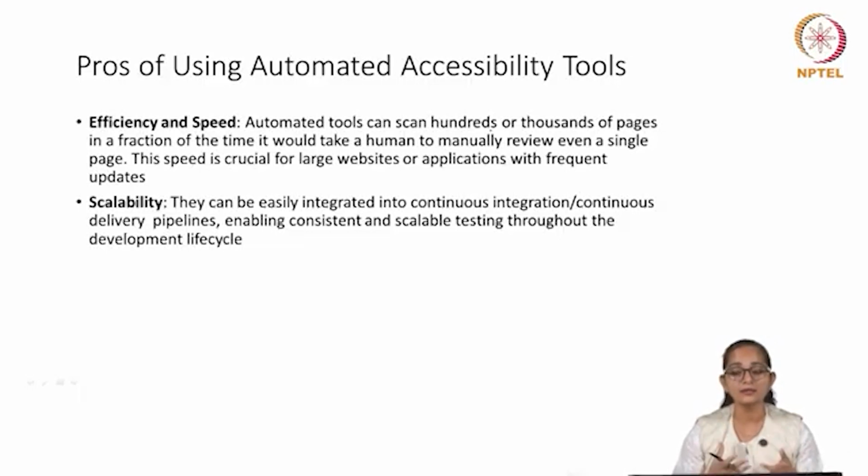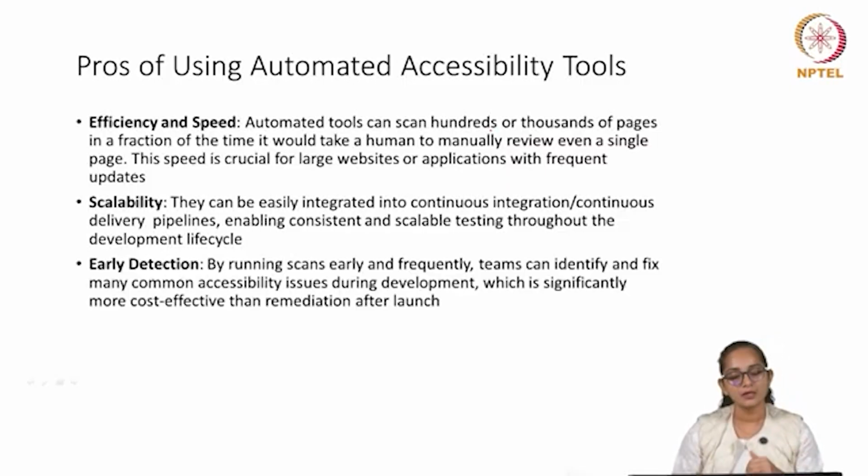So in that case, using automated accessibility evaluation tools can be very useful, because they can be enabled into large scale continuous delivery mechanisms as well. It can help in early detection.